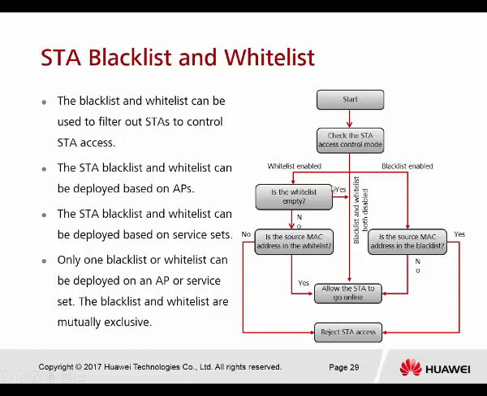If no, meaning my PC is not inside the whitelist, it checks whether the source MAC address is in the whitelist. If yes, they can go online. If no, they are rejected. The blacklist is very simple. If the MAC address is inside the blacklist, of course it will be denied. Okay, it's just this way.